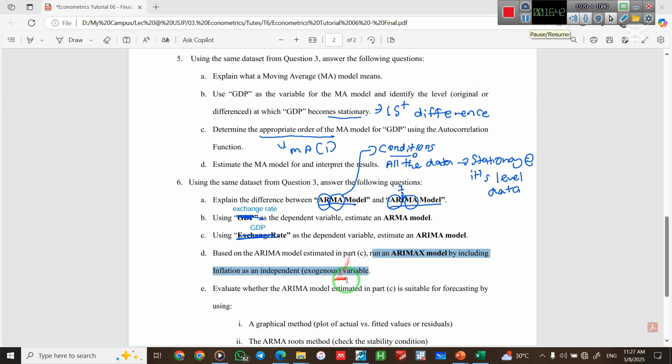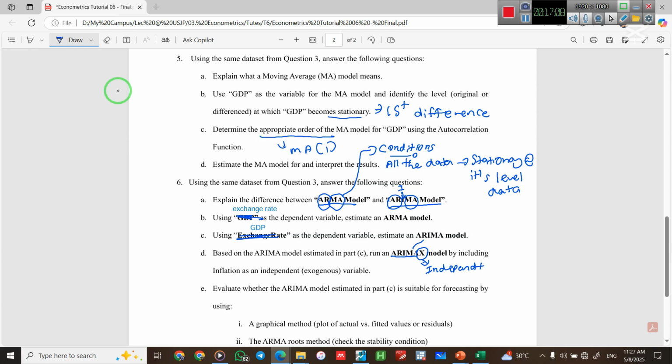So in the ARIMAX model they introduce a new variable called X. For the ARIMA part we have it previously, and now they have introduced something called X. So this X means an independent variable.